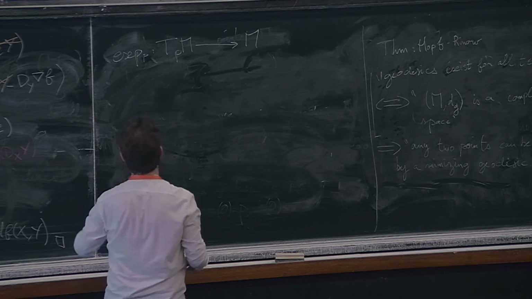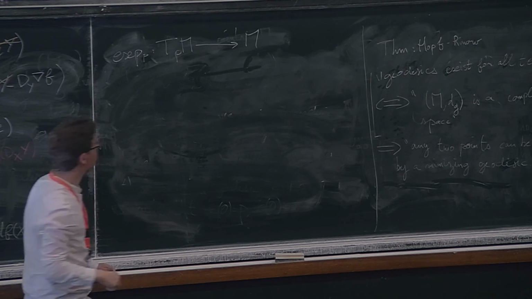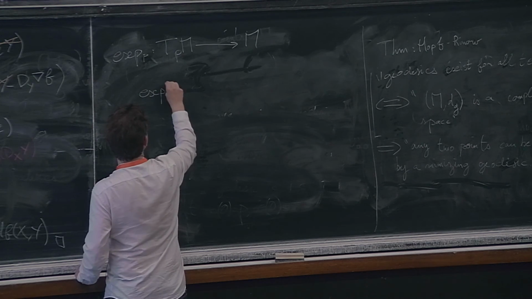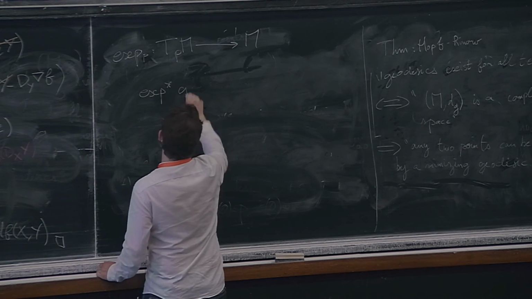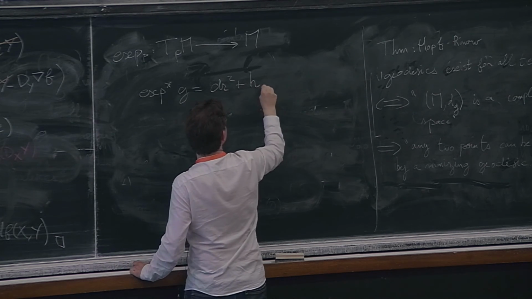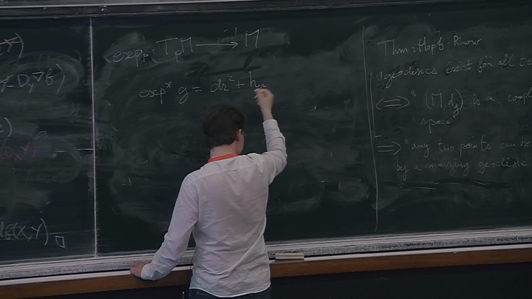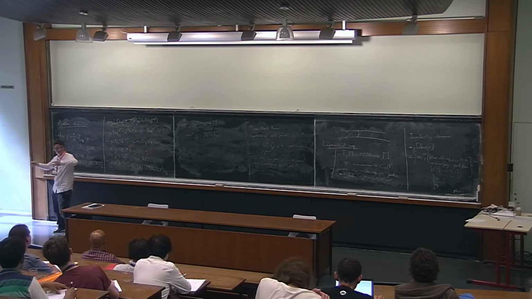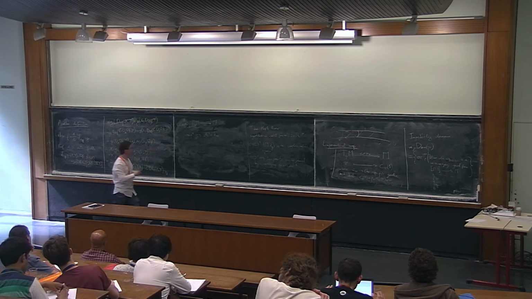So the pullback of the metric, as I said, is of the form dr squared plus some metric on the sphere inside the tangent space.